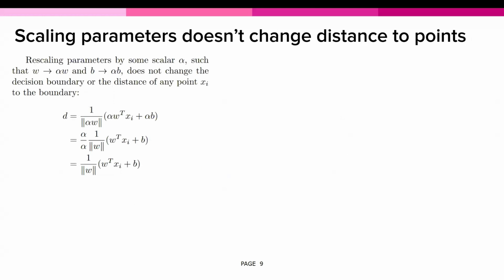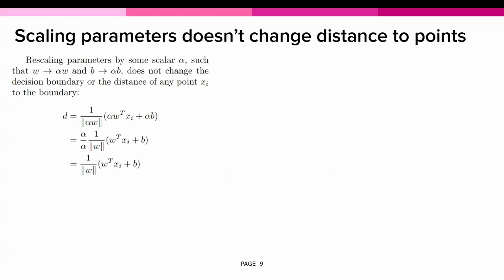Okay, so a scale invariant decision boundary also has implications when it comes time to compute the signed distance between any point in the feature space and that boundary. Specifically, because jointly scaling the parameters doesn't change the decision boundary, the distance from any point to the boundary remains unchanged as well, regardless of how much we scale the parameters.